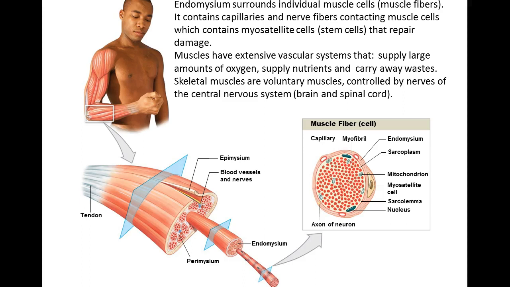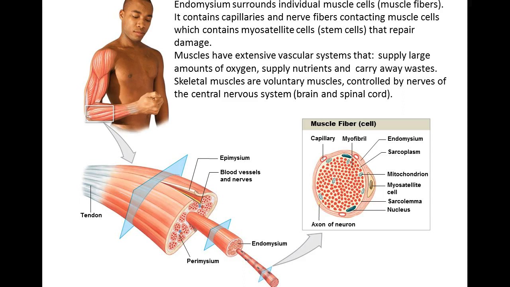These are the stem cells that exist on the endomysium level, and they are the only cells that have the ability to go through mitosis, so they can replicate themselves and create more muscle fibers to repair muscles that are undergoing the need for repair almost constantly.